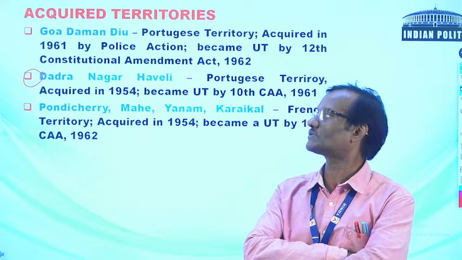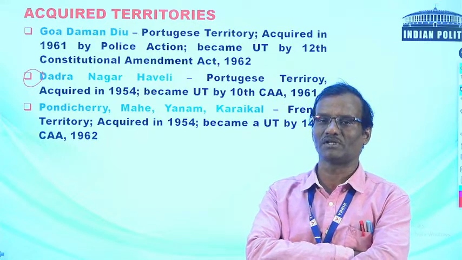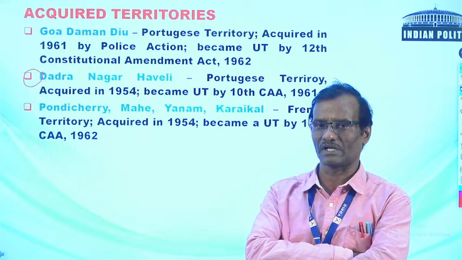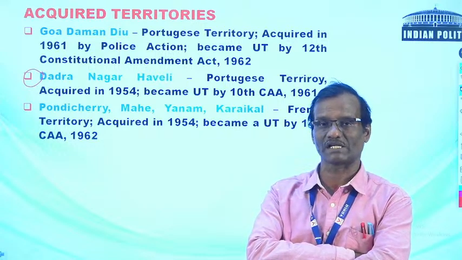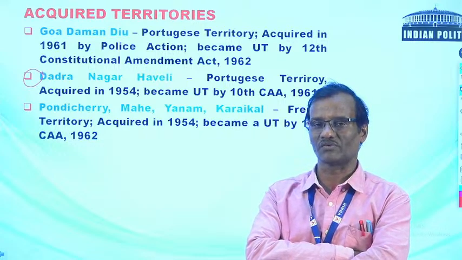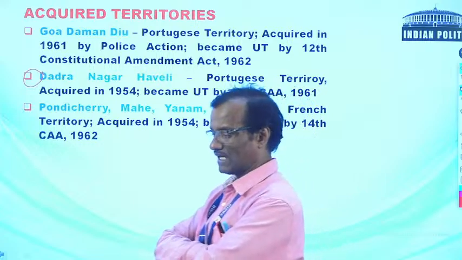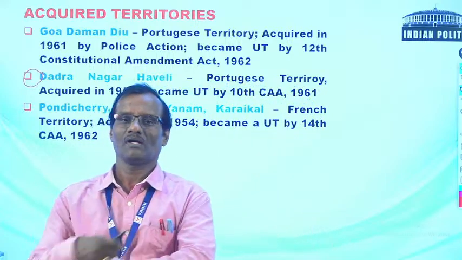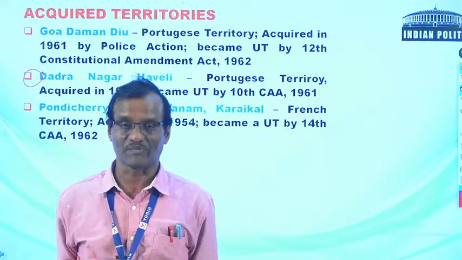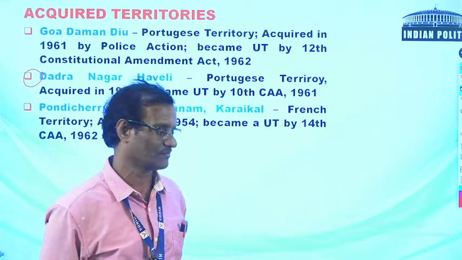Then you can see that Goa, Daman and Diu were acquired in 1961 by police action, and they became union territories by the 12th Constitutional Amendment Act, 1962. Later, in 1987, Goa became a separate state and Daman and Diu remained.